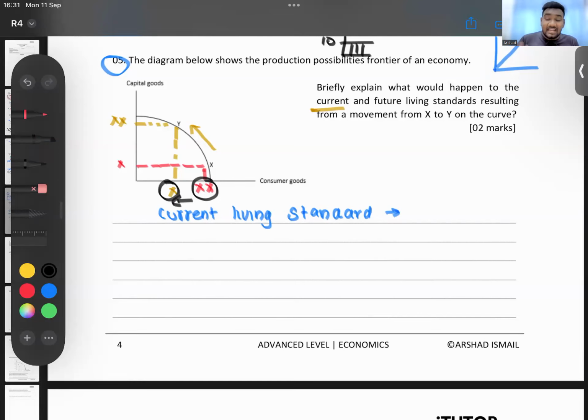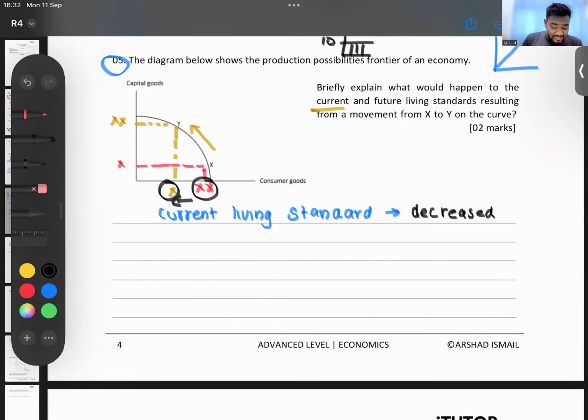So living standard is based on how much consumer goods the people have. So if they move from X to Y, we can say the current living standard has decreased.